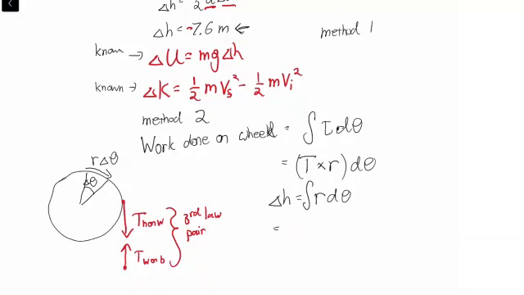So the tension in the rope is the same everywhere. Therefore, this is just 9 newtons times delta H, which is 9 times, 68.4 joules. Okay.